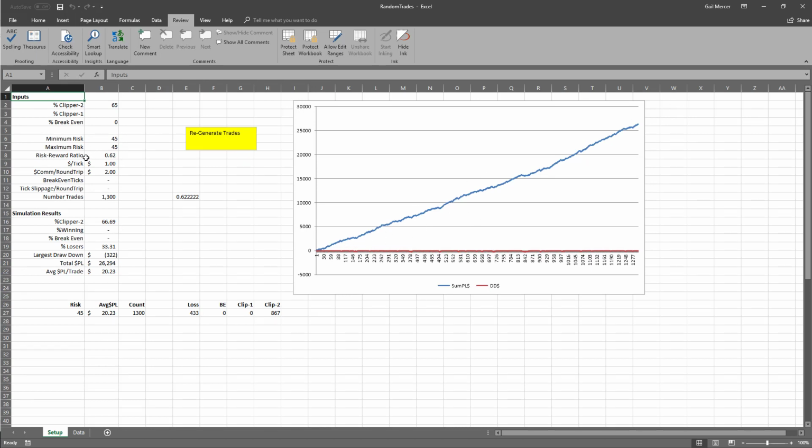And again, the Clipper 1 would be 62 cents. The Clipper 2 would be $1.24 per dollar of risk. And this is a really nice equity graph. And this simply means that 65%, which is your winning ratio, always expire in the money.